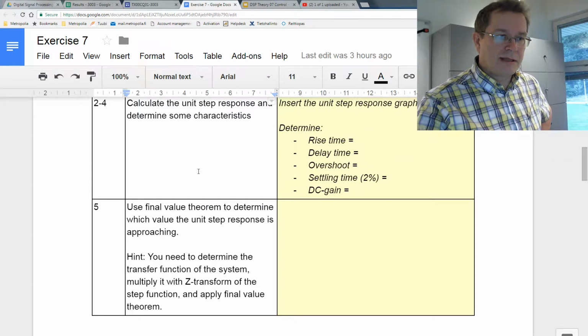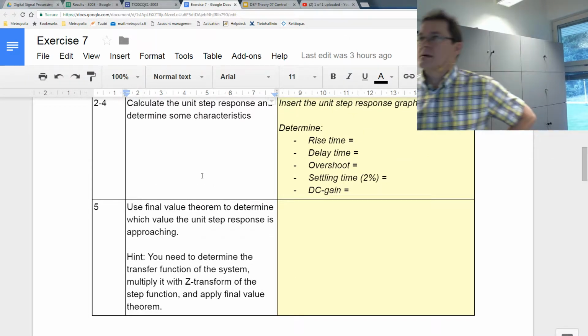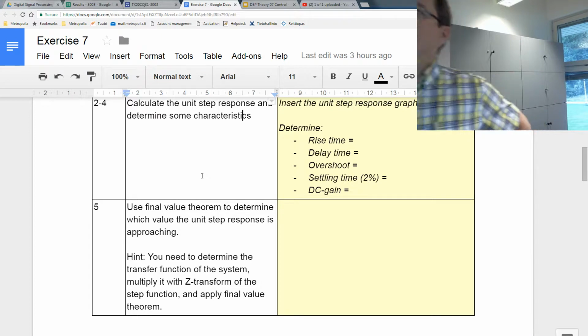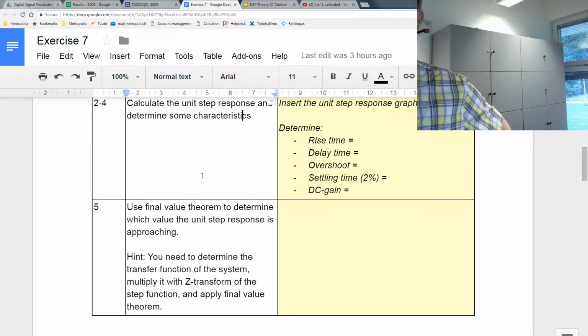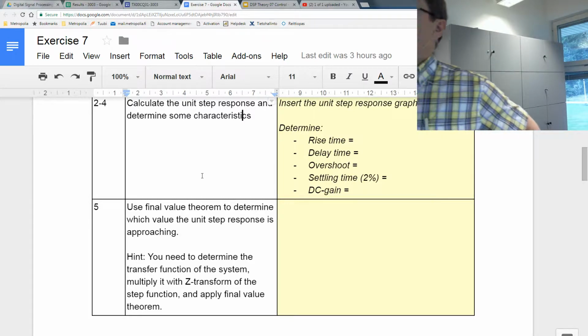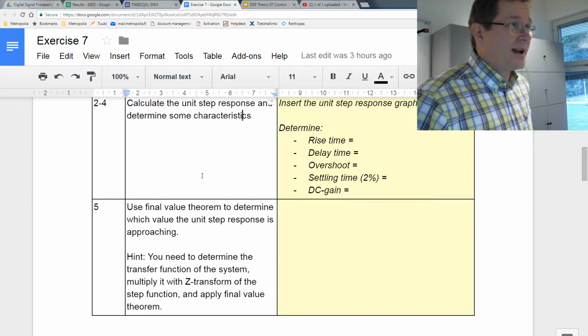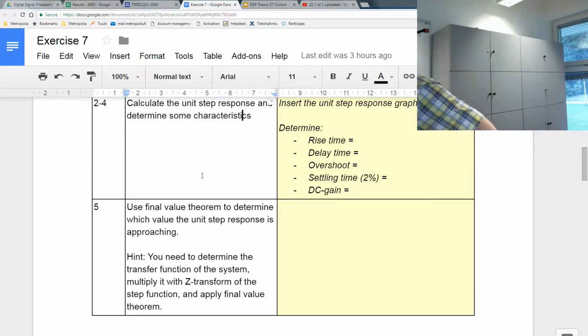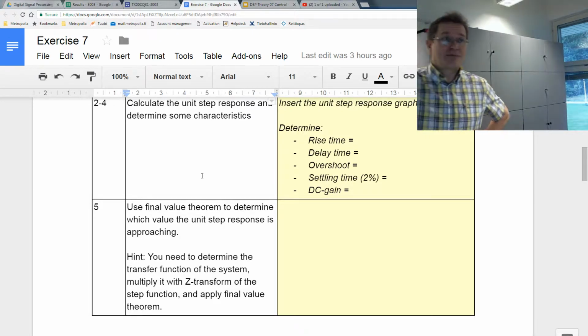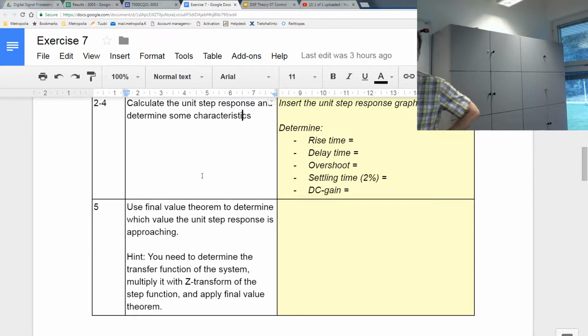All right, but anyways, basically on the parts 2 to 4, it's worth 3 points if you get everything done correctly. So whatever you get by just doing the step response and analyzing that one, you can actually estimate the DC gain at the end of the step response when you think that it has already settled.